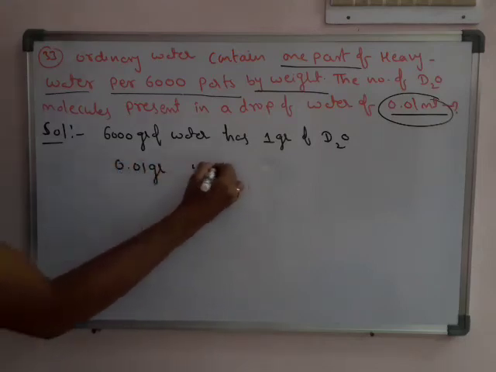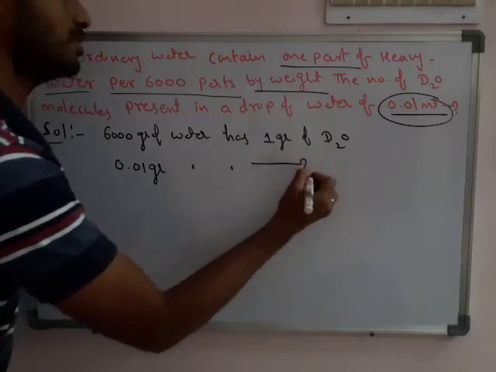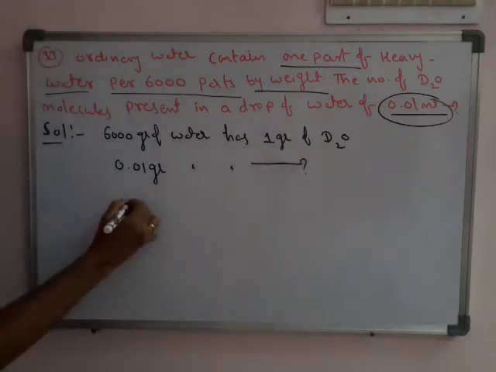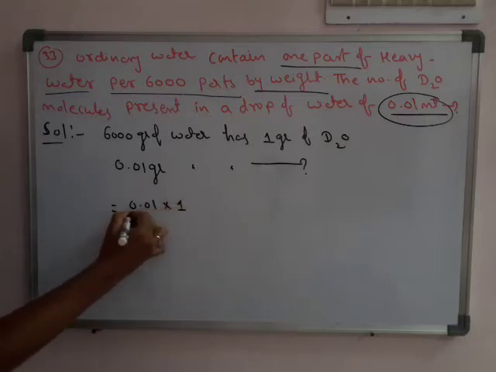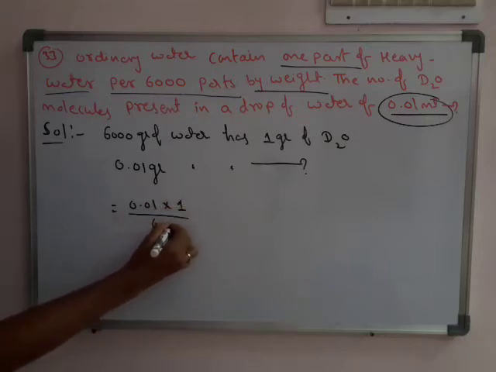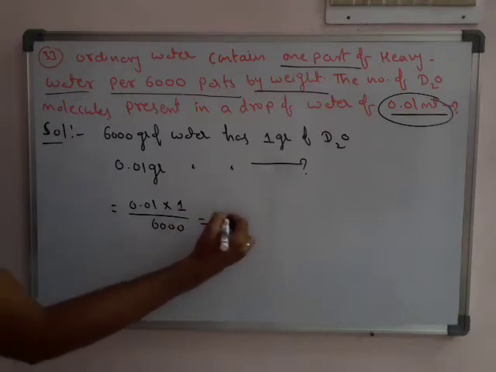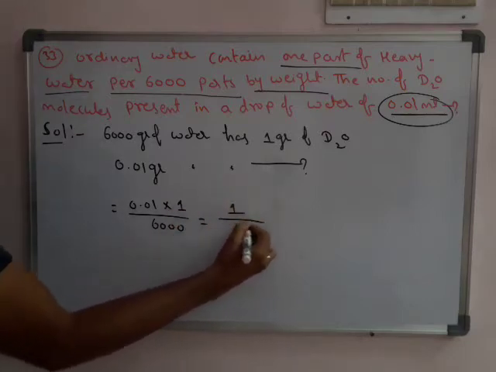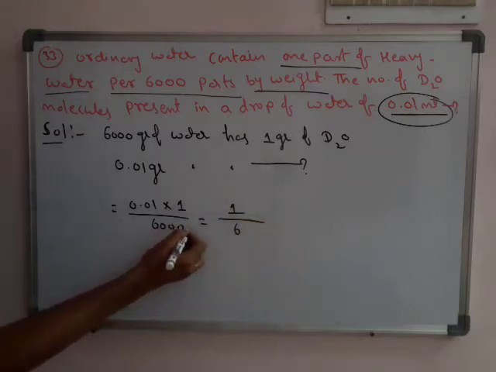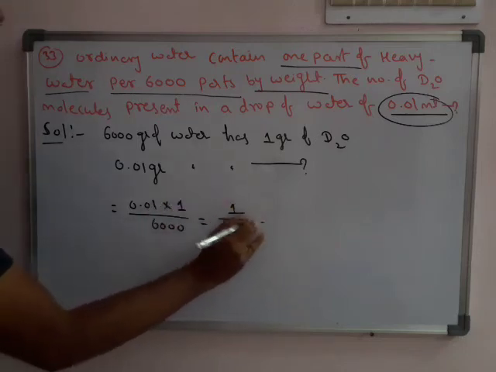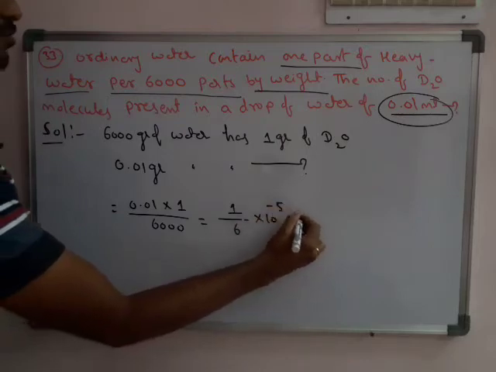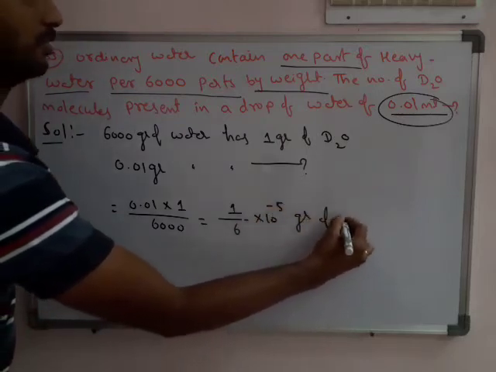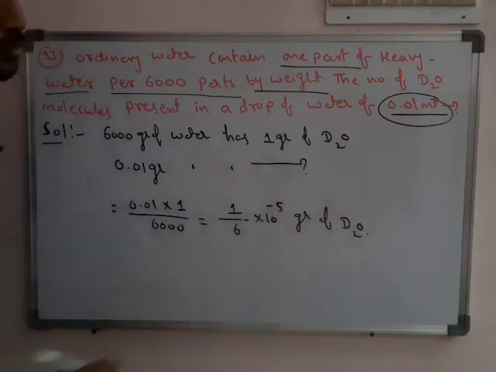How much D2O does this water have? 0.01 into cross multiplication by 6000 gives 1 by 6 into 10 power minus 5 grams of D2O.